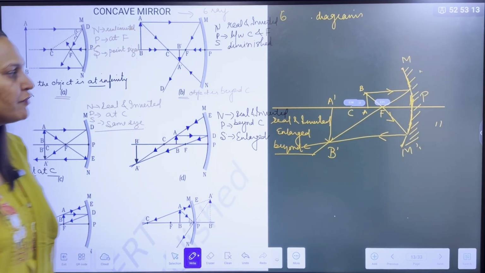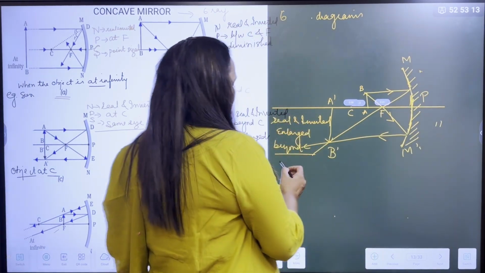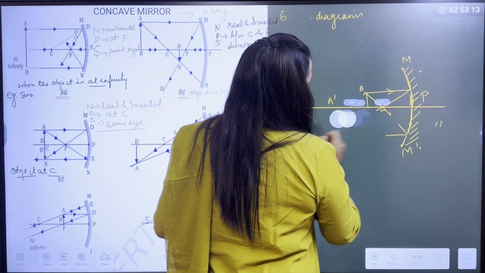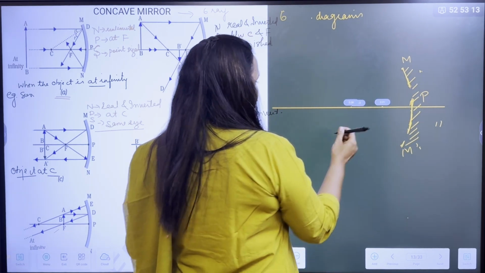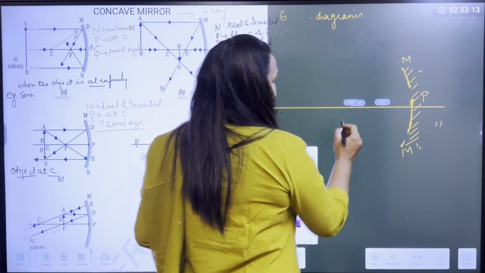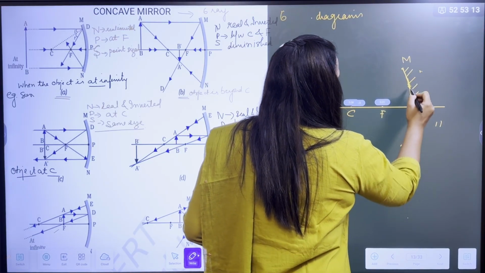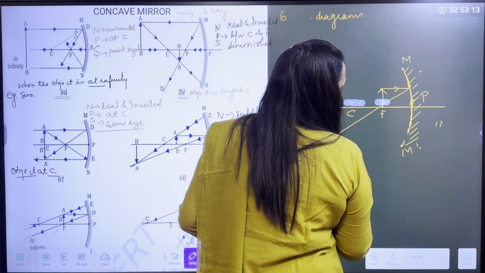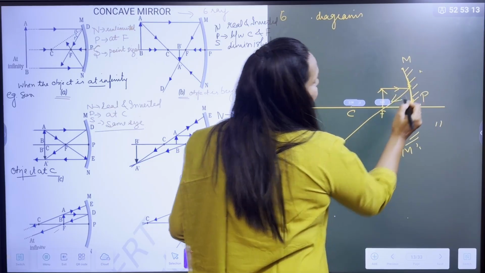Let's come to the fifth ray diagram. After C and F, what is the position? At focus. So please draw the skeleton. This is C. This is F. Your object is at focus. Parallel, it will reflect through the focus, right?